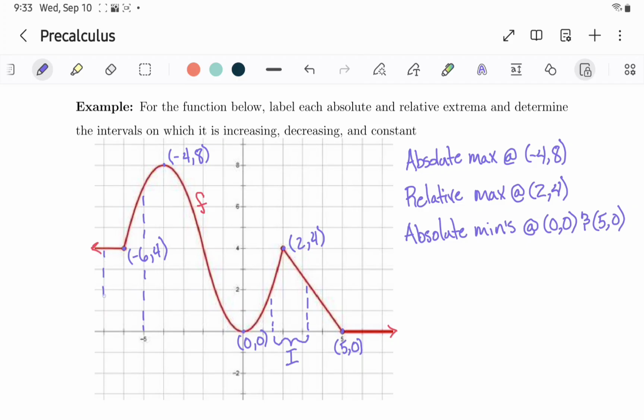Maybe we'll have it start here, that way we can nicely say that it's from -7 to -5. And so because of that, we have a relative min at -6, 4.